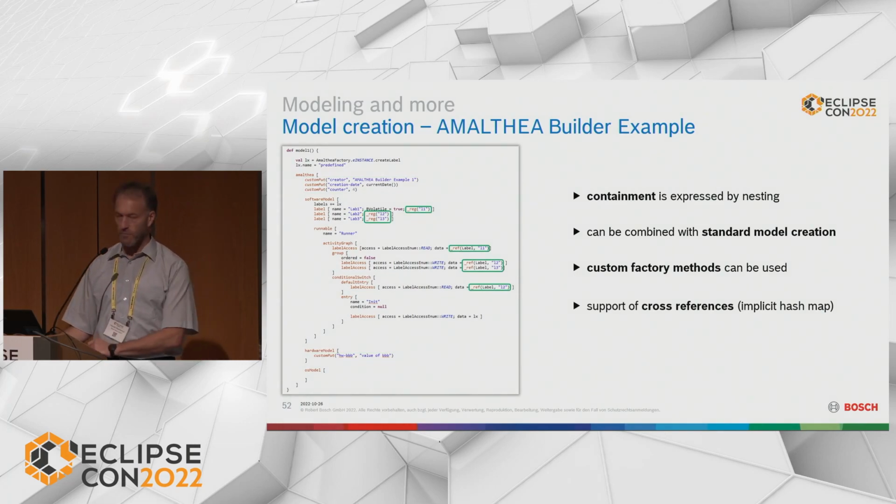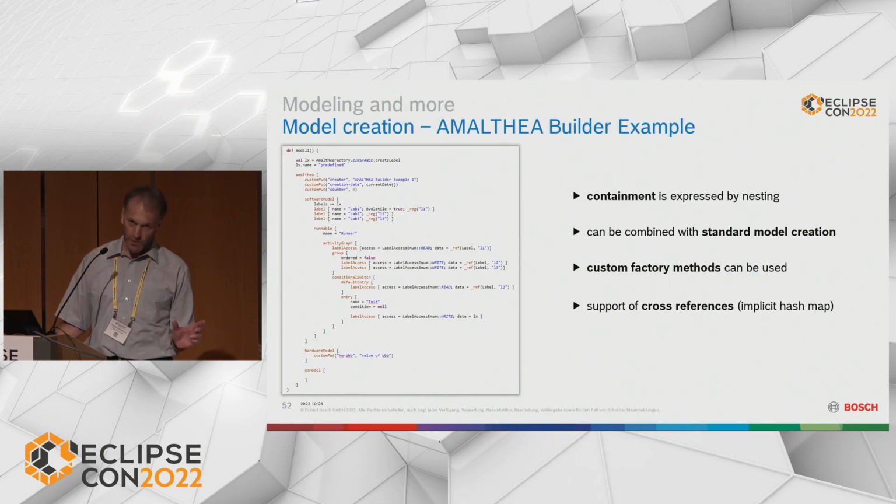So we have a simple map behind. We register some of these elements that are in that part, and we refer to them here. So that makes it easy to have this as part of your unit tests. And of course, it's easier to have it as a code snippet compared to an XMI file, because XMI files can be outdated.